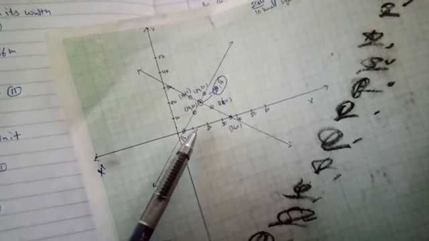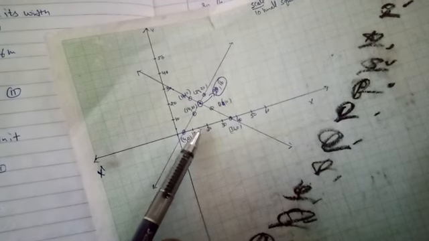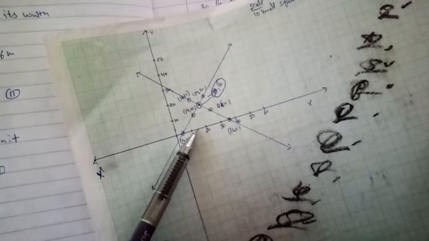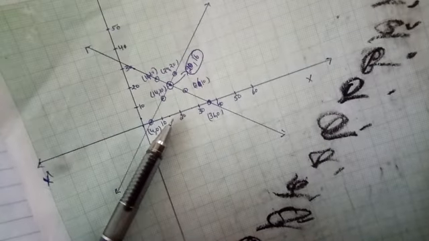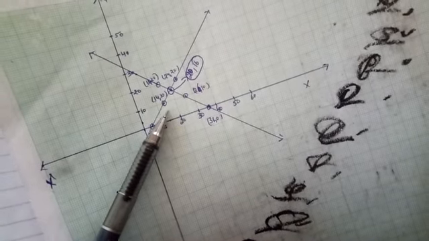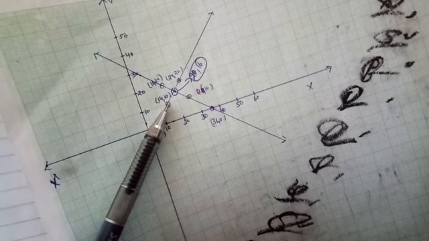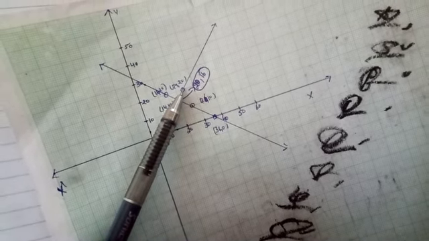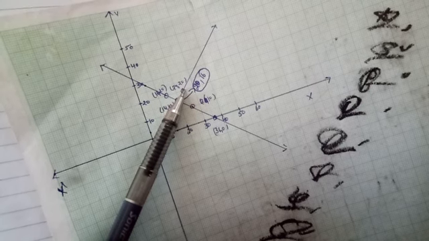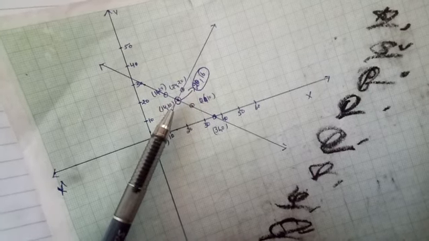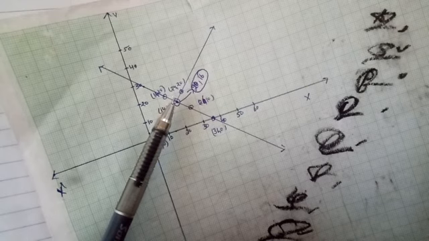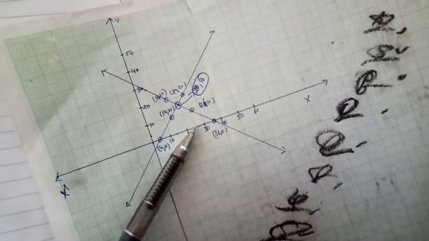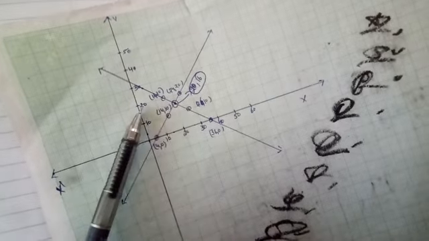Then x is 14 and y is 10, this point. Then the third value is x is 24 and y is 20. From here we can see the point where x is 24 and y is 20.